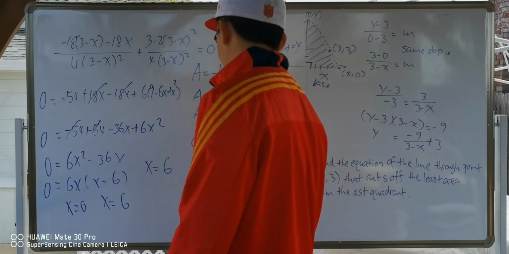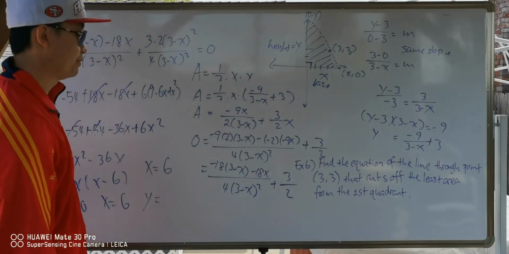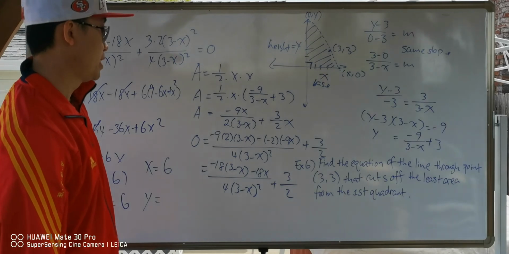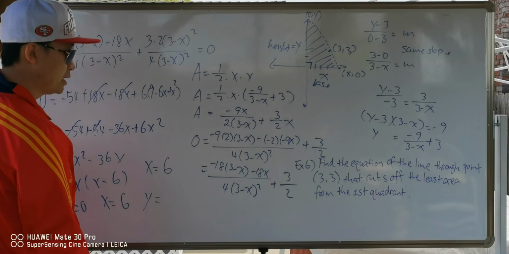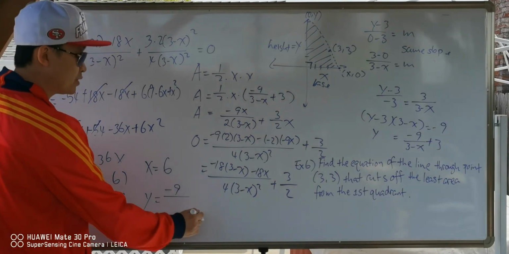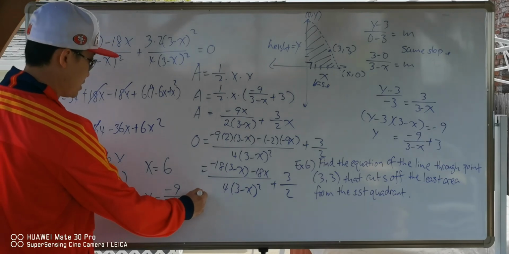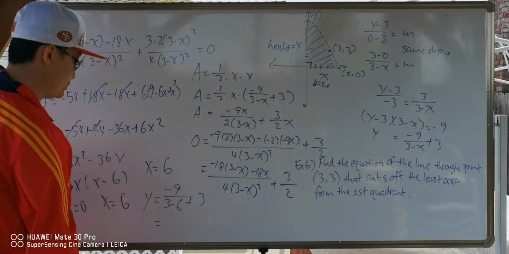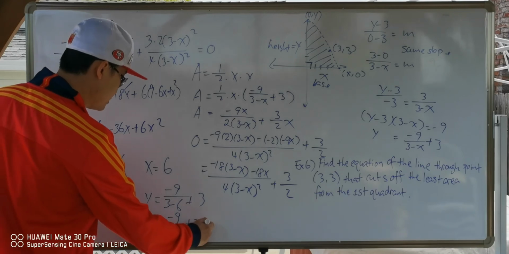And then solve for y. Now we do have negative 9 over 3 minus 6, plus 3. So we got negative 9 over negative 3, plus 3.